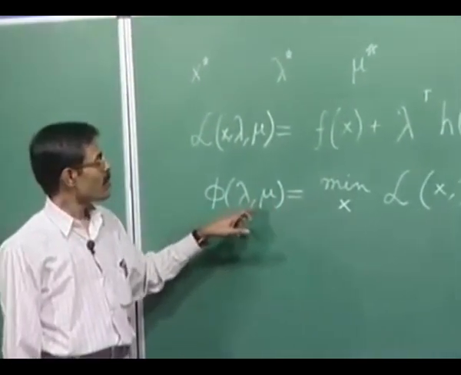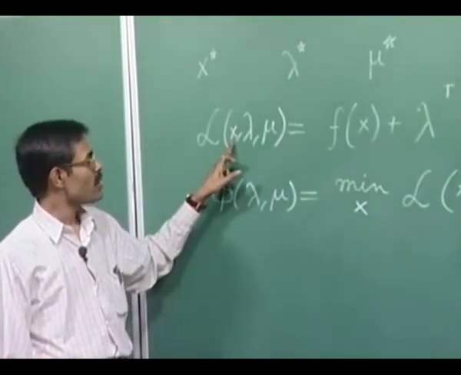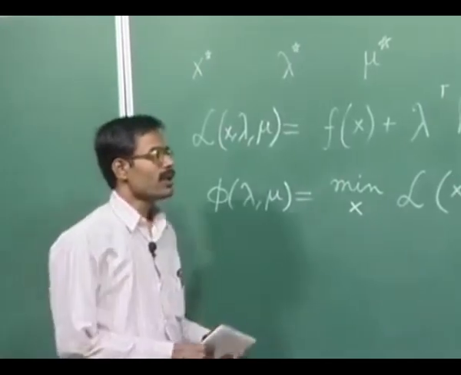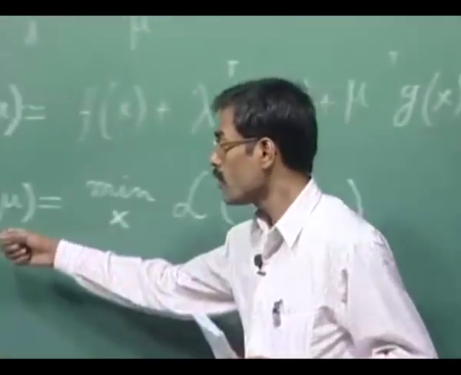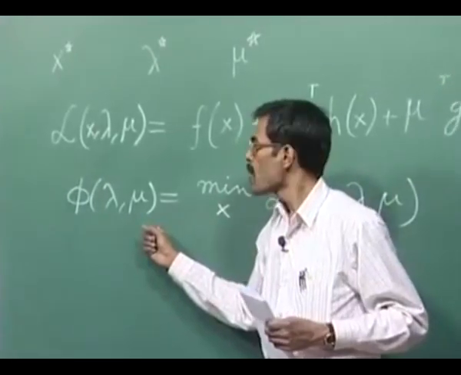So, these are called the dual variables, the original variables x are called the primal variables, and therefore, the original problem is sometimes called the primal problem, which has been stated here, and from here, with the dual function, we will define a dual problem.